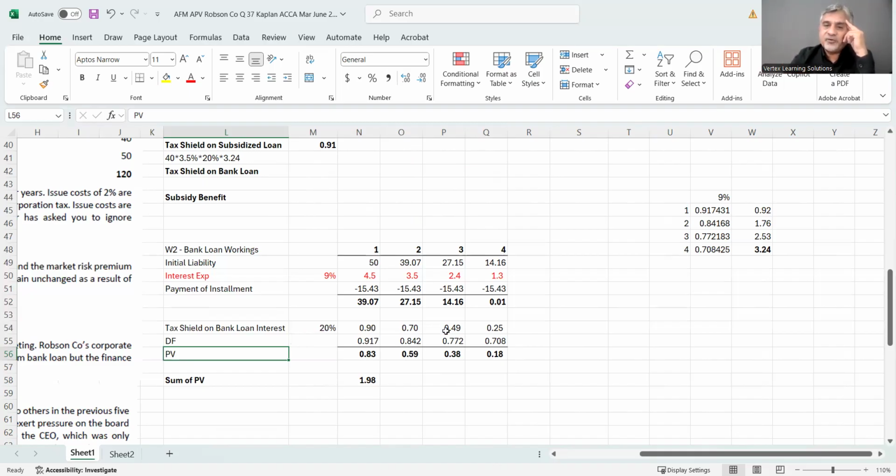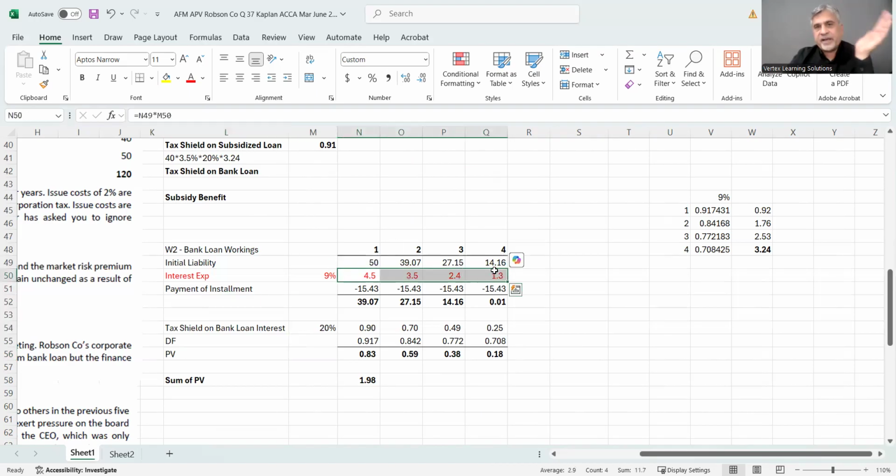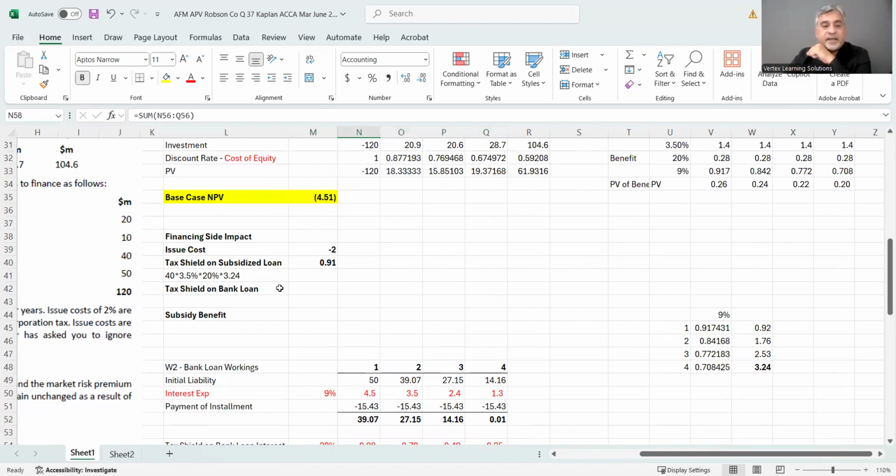So I calculated the interest by paying back the loan and paying interest only on the remaining amount. Then I multiplied these interest amounts by 20% to get the tax benefit, found the present values, and added them up. It comes out to be 1.98. So the tax shield on the bank loan is 1.98.